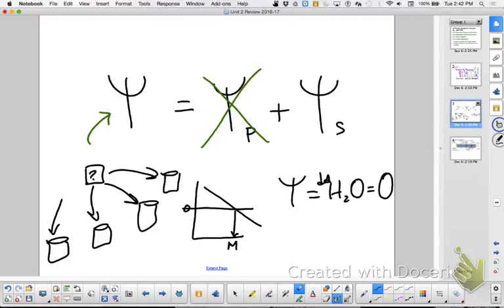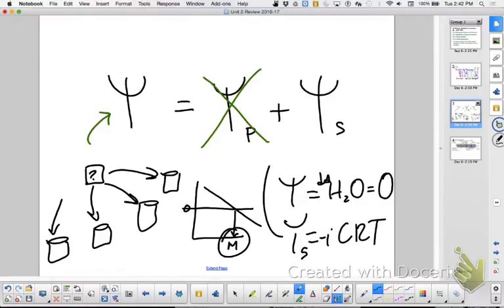I can use this molar concentration to calculate negative iCRT, which gives the solute potential, and if the pressure potential is 0, then whatever I calculate here is the water potential.